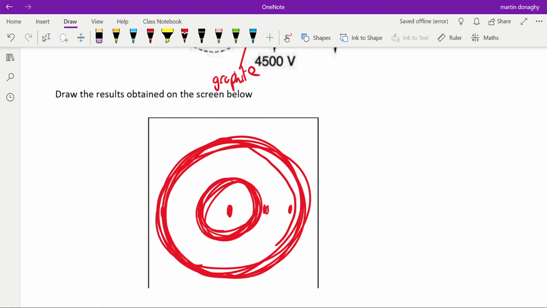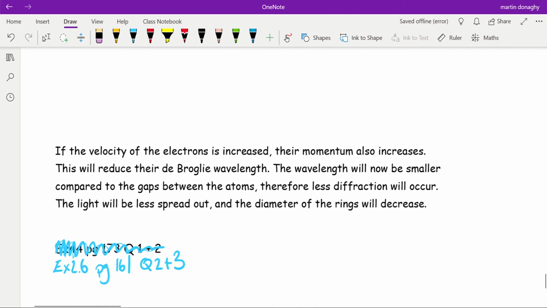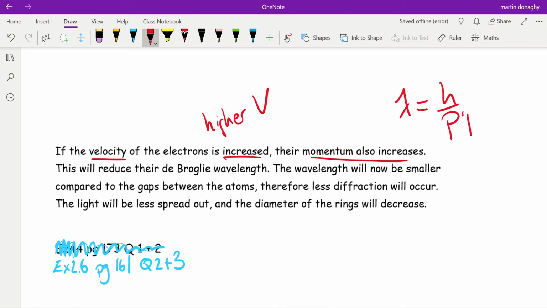What we then do is we make some changes. We use a higher voltage, which means the velocity increases, which means their momentum increases. But if the momentum increases, the effect on our de Broglie wavelength is that it decreases. And if the wavelength is now smaller compared to the gap between the atoms, we get less diffraction, which means the light will be less spread out.